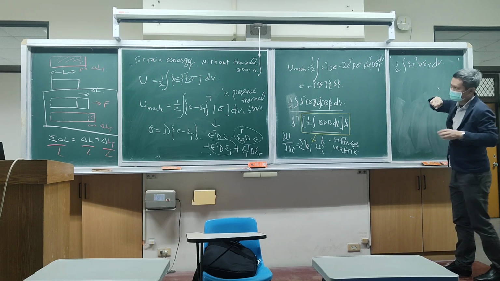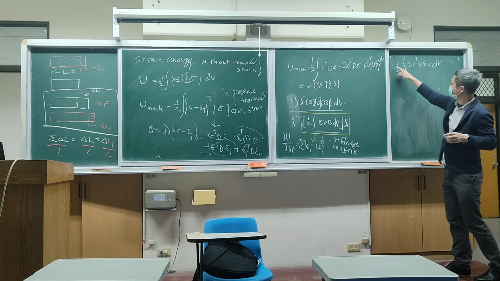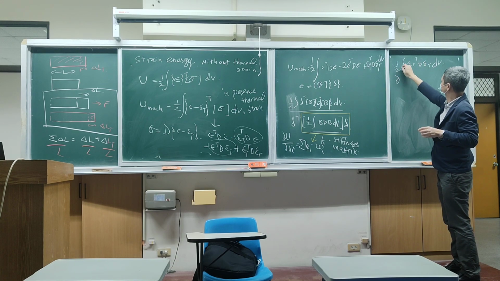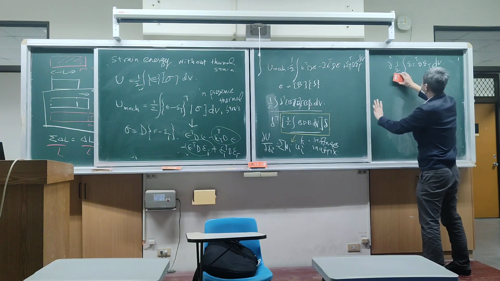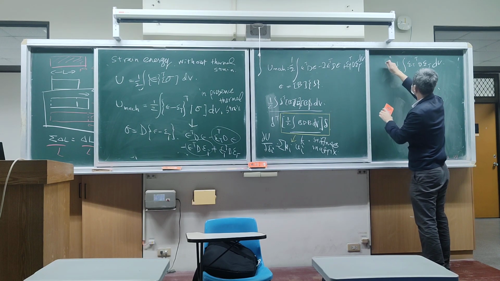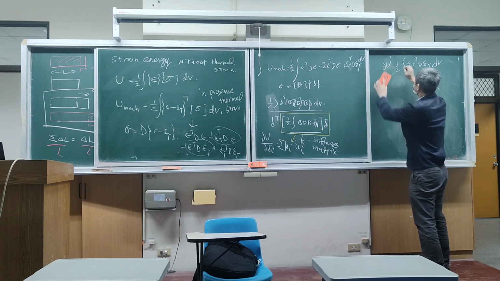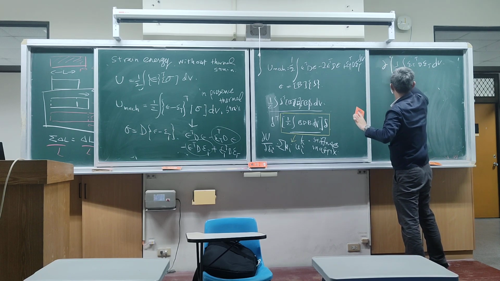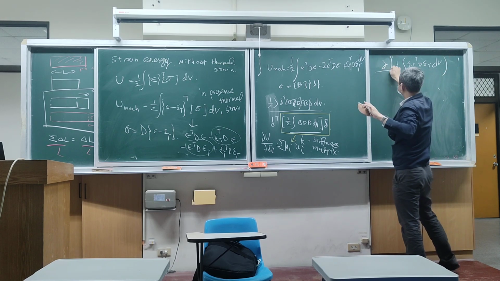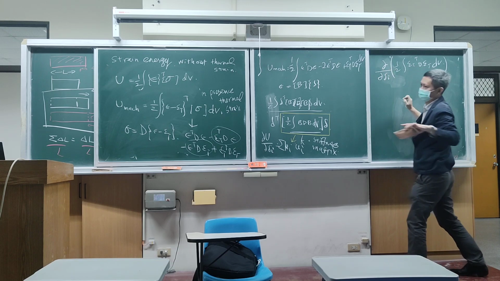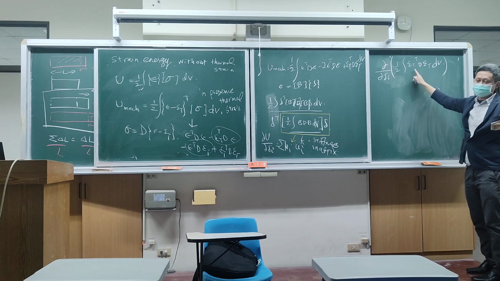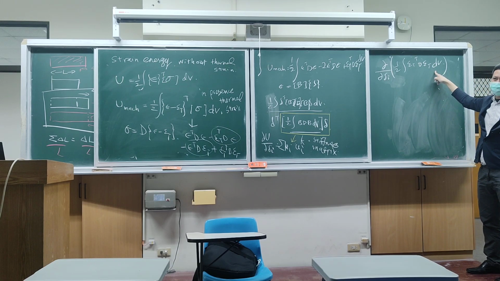The last term is simply the thermally induced strain. If you are taking this and do the derivation with respect to displacement, any displacement, because it has no contribution of displacement.